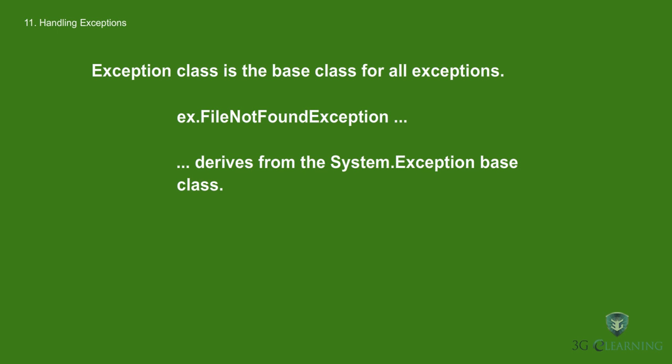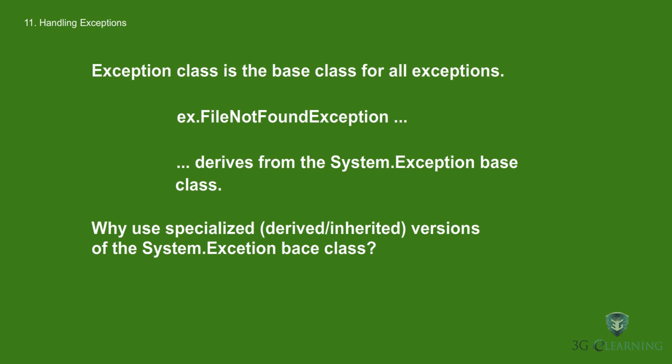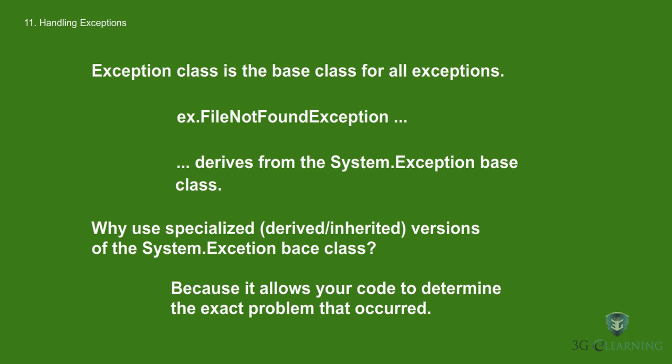The reason we need to use specialized versions of the exception class is so that your code can find out what the exact problem is and respond accordingly. I.e. if the exception is of type file not found exception, the simple solution is to tell the user and then allow them to find the file on their hard drive using some type of dialog. Maybe the file could be corrupt, then there's a different exception for that which needs a different error message to the end user, and maybe a slightly different way to fix the problem.